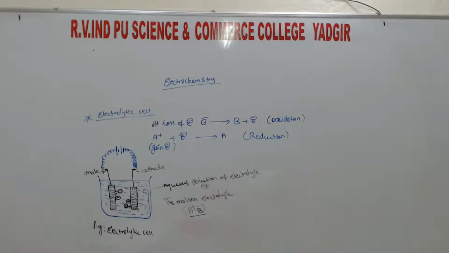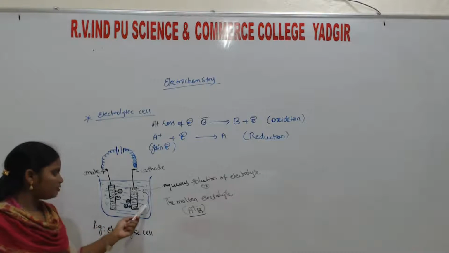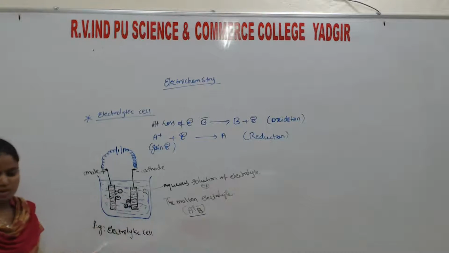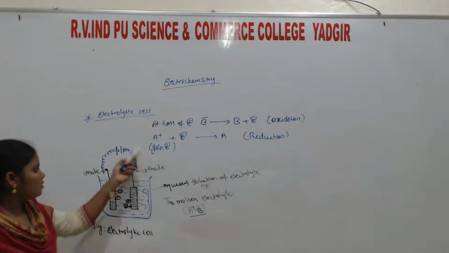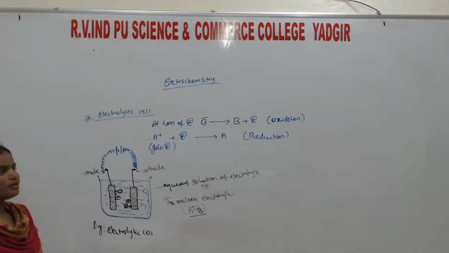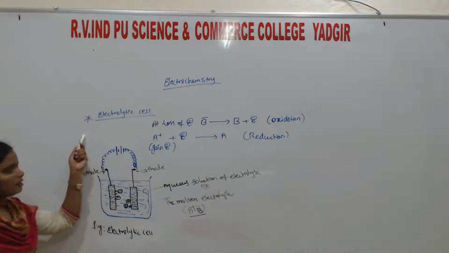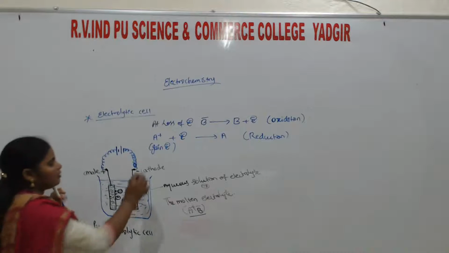It is the conversion of electrical energy into chemical energy. Now write the definition of electrolytic cell.